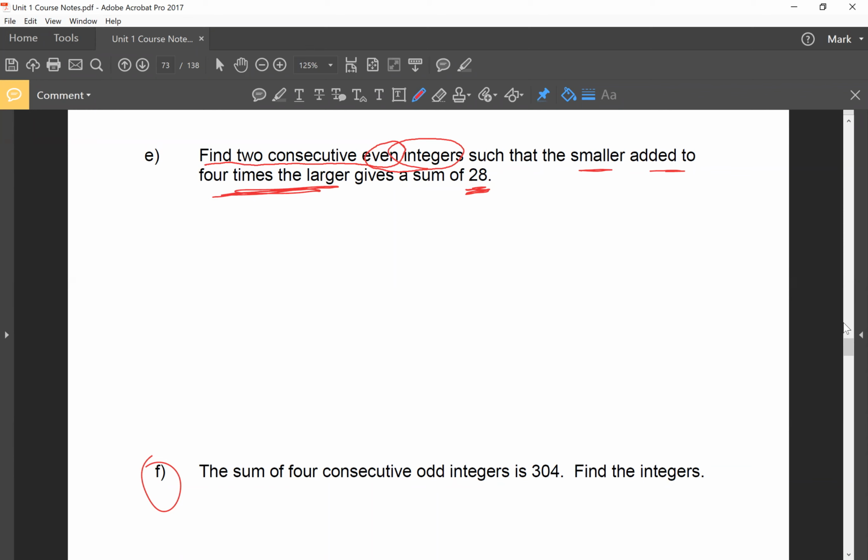So first of all, 2 consecutive even integers. I know that my integers are going to be x and x plus 2. It has to be 2 consecutive even integers, x and x plus 2. But now I need to solve the equation. The smaller, which is x, is going to be added to 4 times the larger integer and will give me 28.